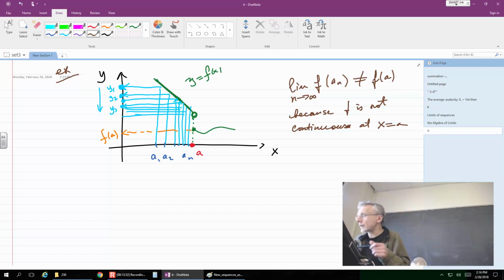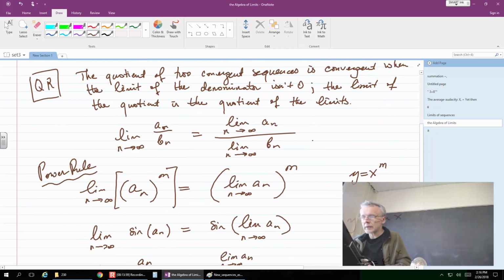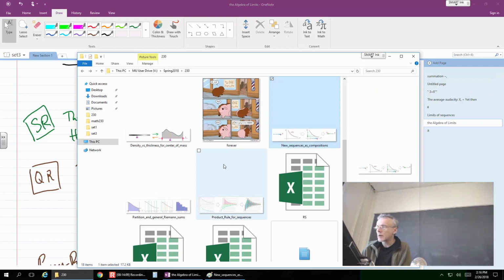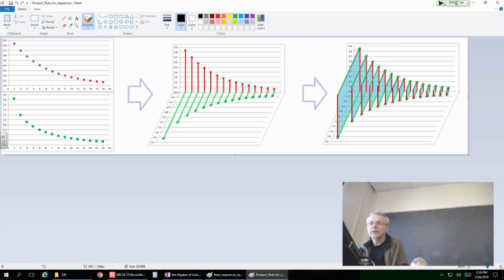There is another example, another picture here I want to bring to your attention, and that is that limits can be illustrated a little bit. Let me try it. So here it is. I have two sequences, as you can see all the way on the left.